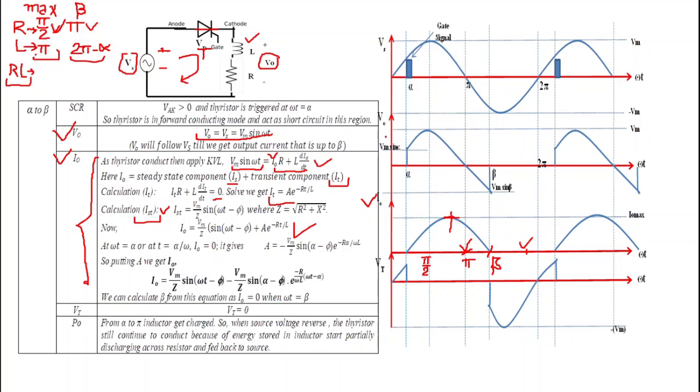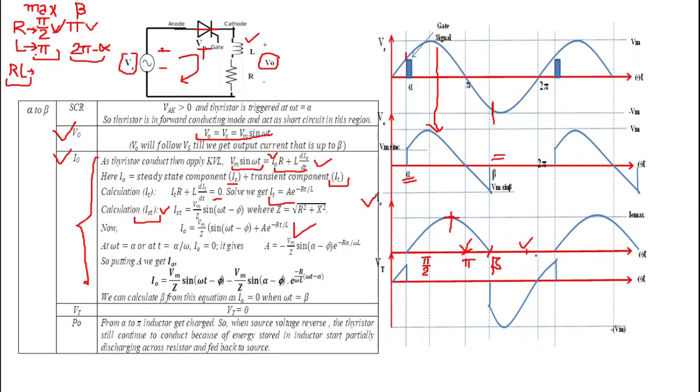That's why we get waveform of output voltage V naught up to beta. So from alpha to beta, this is alpha and this is beta, the waveform of sinusoidal voltage Vs will appear across this load.